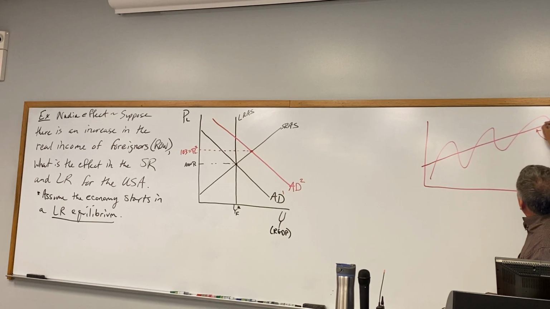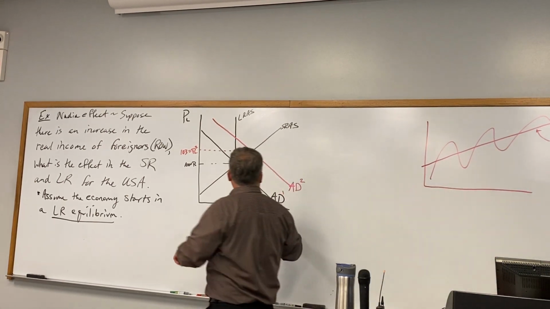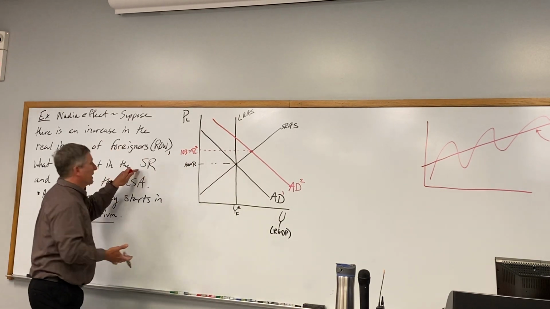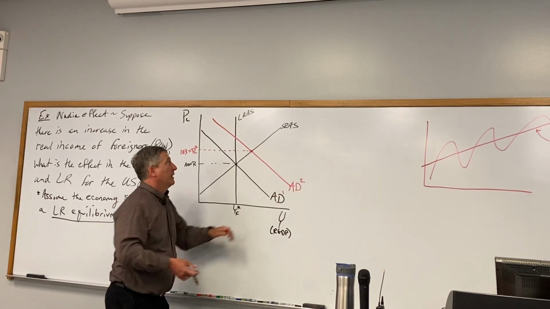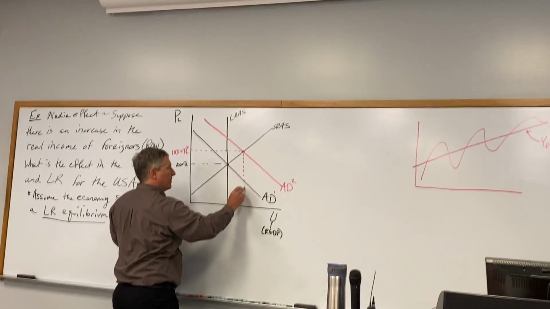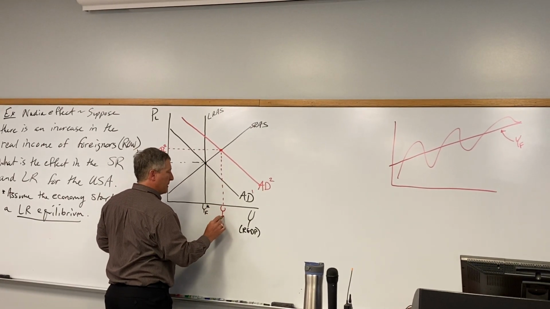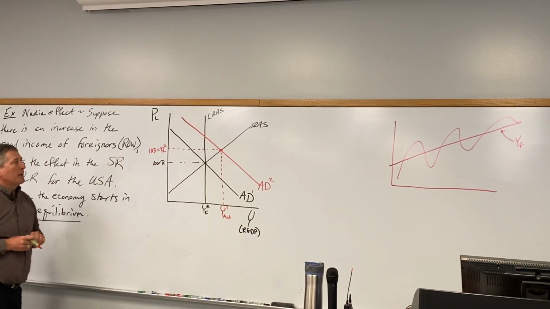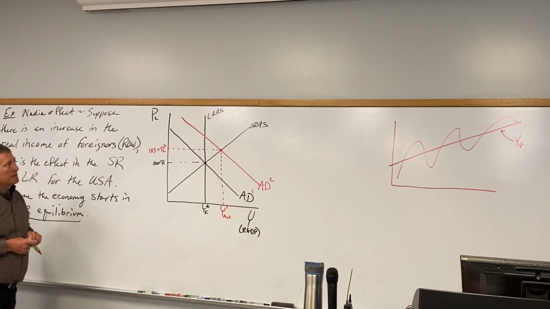Long run aggregate supply is that, and this is the current state of the economy. The current state of the economy, our short run equilibrium, is where the actual aggregate demand curve intersects the actual short run aggregate supply curve. And so output has gone up in the economy due to this foreign income increase.